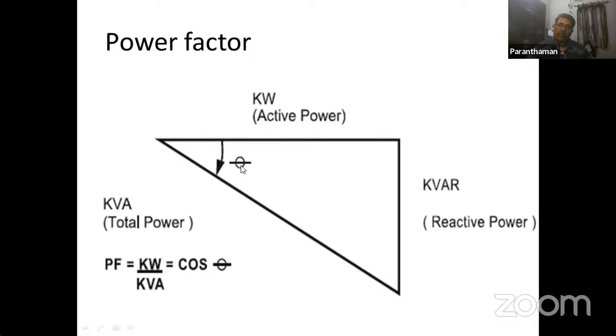See, if the phi goes near 0, what will happen? The hypotenuse and this adjacent side both will be equal. Then kVA is nothing but our kilowatt. kVA and kilowatt become the same when phi becomes 0. The reactive kVAR, kVA sin phi, will become 0 because sin 0 is 0.